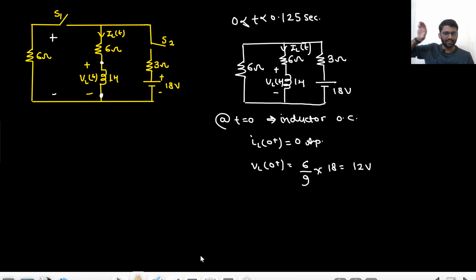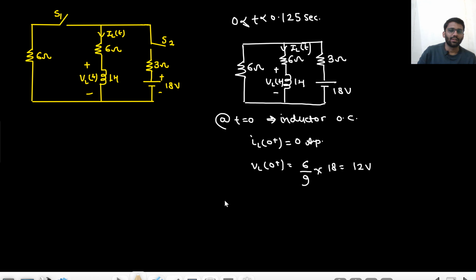So vL at t equals to 0+ is 12 volt. Are you getting my point? I hope you have understood, right? Open circuited, so 18 volt is divided between 6 and 3. So 6 will have how much voltage? 12, and 3 will have 6. Right? So this 12 volt will come across the inductor.